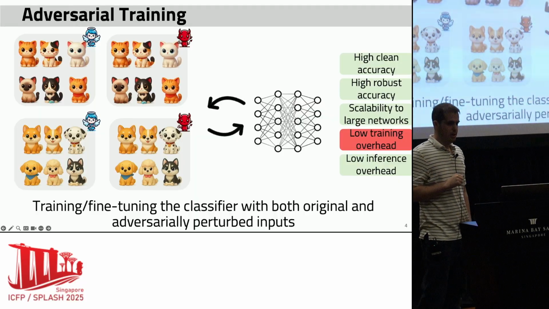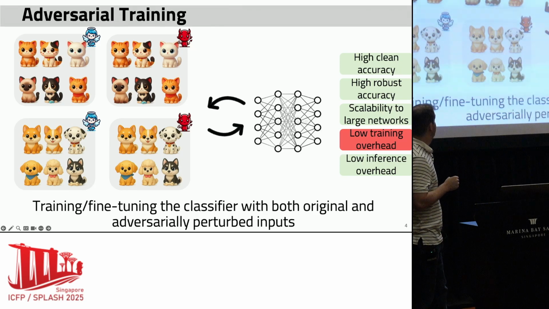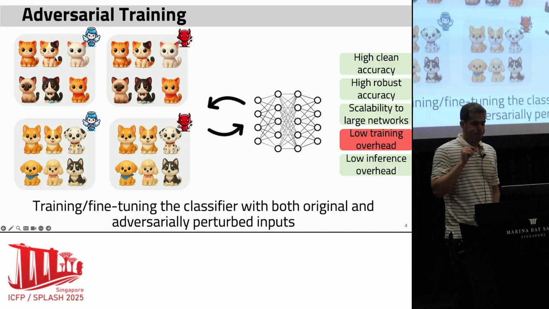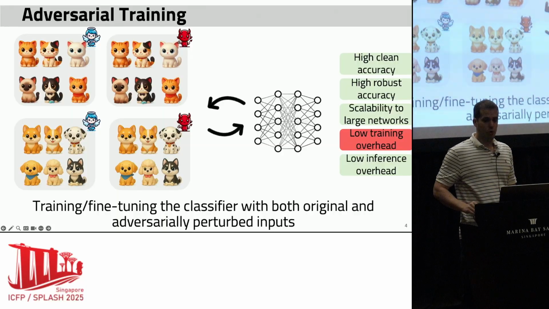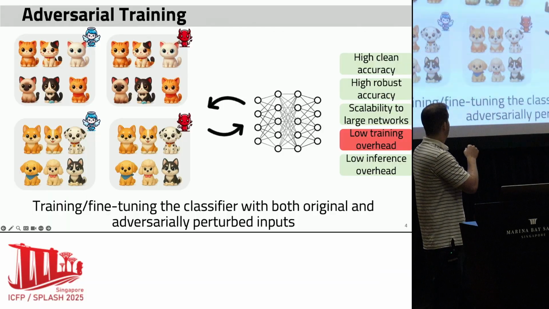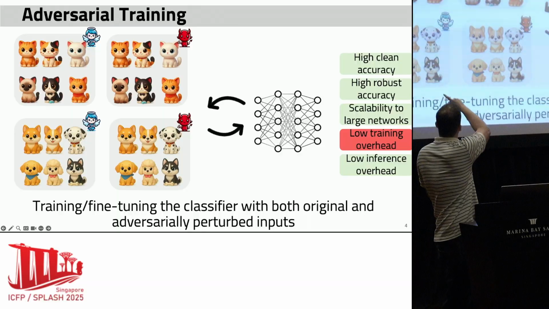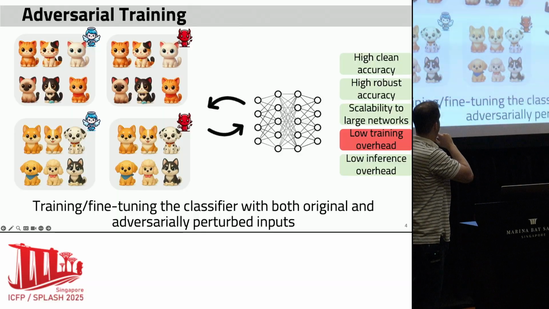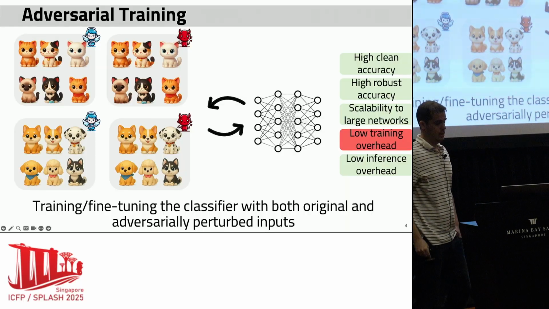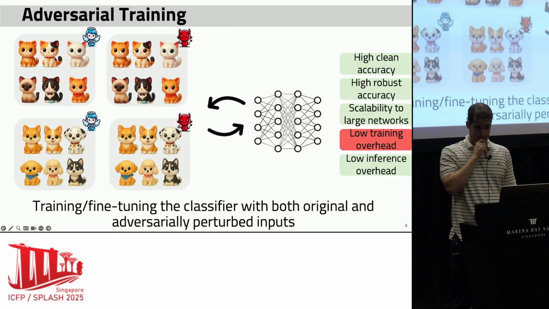The first approach, and probably the most common one, is adversarial training. According to this approach, we train the classifier on adversarially perturbed inputs together with clean inputs. As you can see here, we have a data set of cats and a data set of dogs with the benign unperturbed images and with the adversarially attacked images.